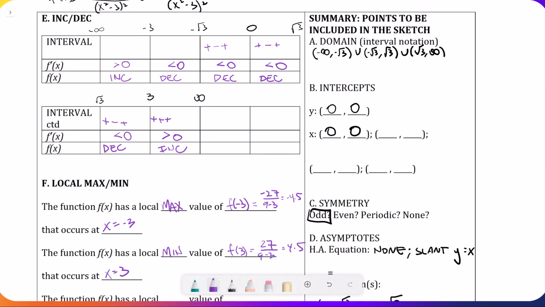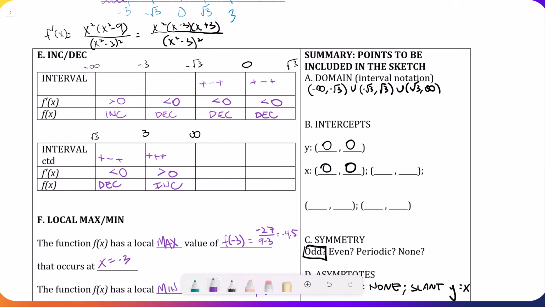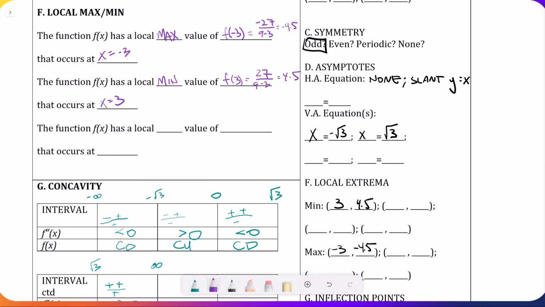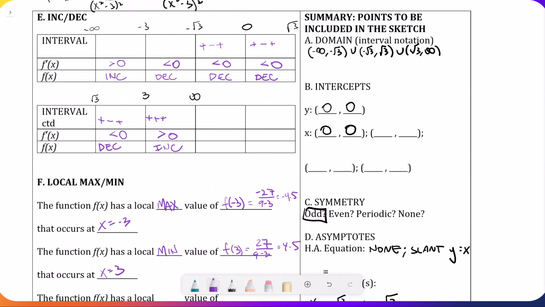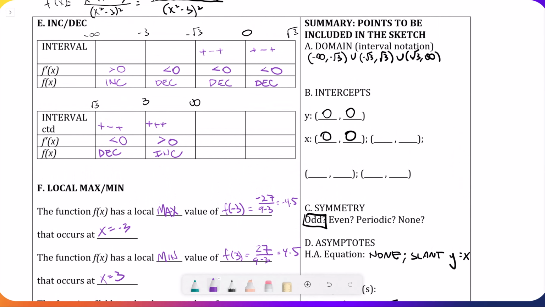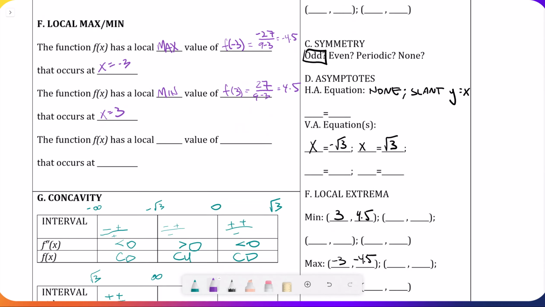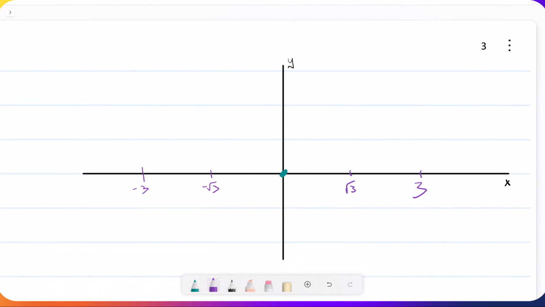All right, so let's see what we got. From negative infinity to negative 3, we have an increasing function that is also going to be concave down. Now it's going to be increasing to -3 and then start decreasing from -3 to negative radical 3 with those asymptotes. Okay, so I got my asymptotes here.